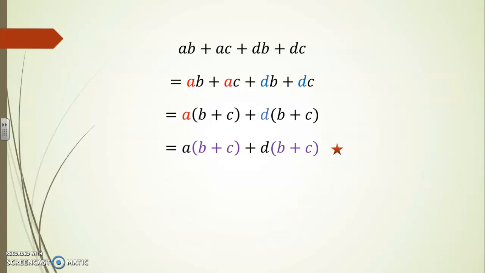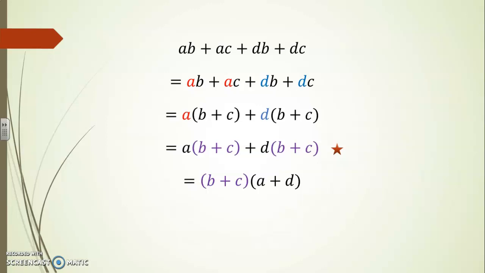At this stage we can think of B plus C as a common multiple to the first and to the second term of the sum. In other words, we can do simple factoring again, where now B plus C is extracted, leaving A from the first term behind and D from the second.